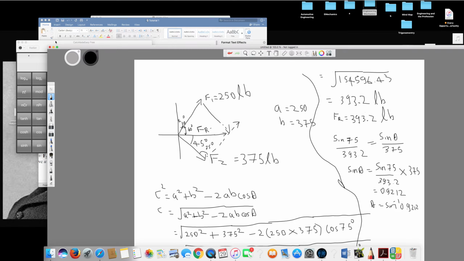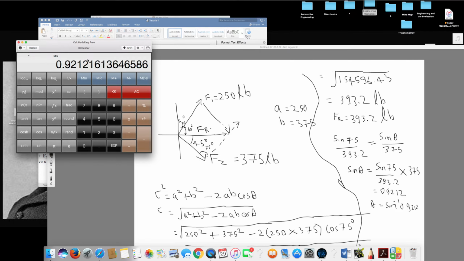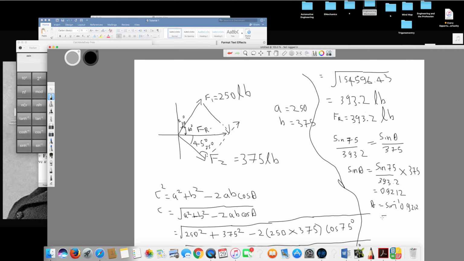So sine inverse of 0.9212, we find that with shift sine, and it gives 67.1 degrees. So the angle says 67.1 degrees.